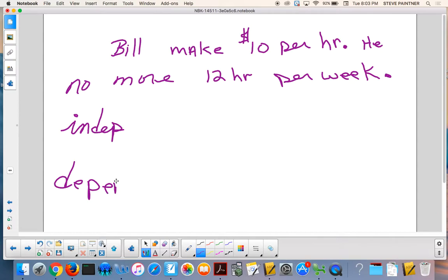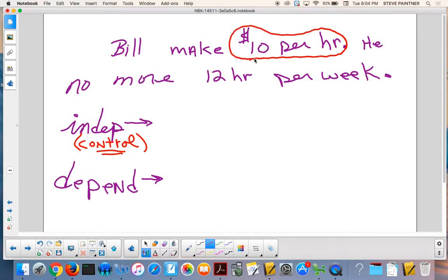Okay? And the independent variable is always going to be the variable that you control. Okay, so really there's a couple things that are happening here. It talks about what he gets paid per hour, but that's not what we're comparing here. We're comparing the hours he's working, and I know it doesn't say this, but really what we're worried about in this kind of problem is what's his pay?